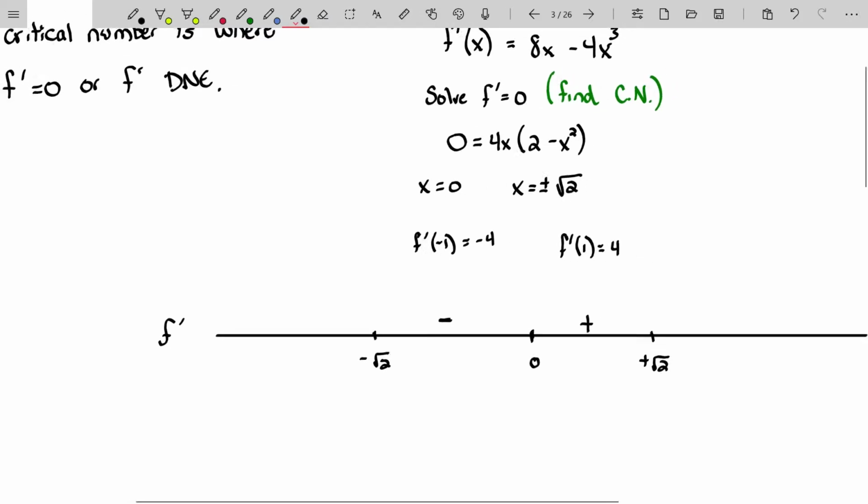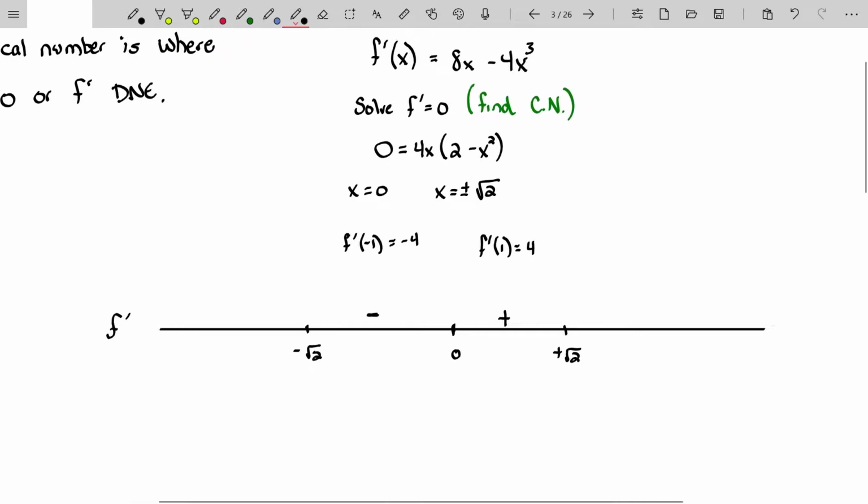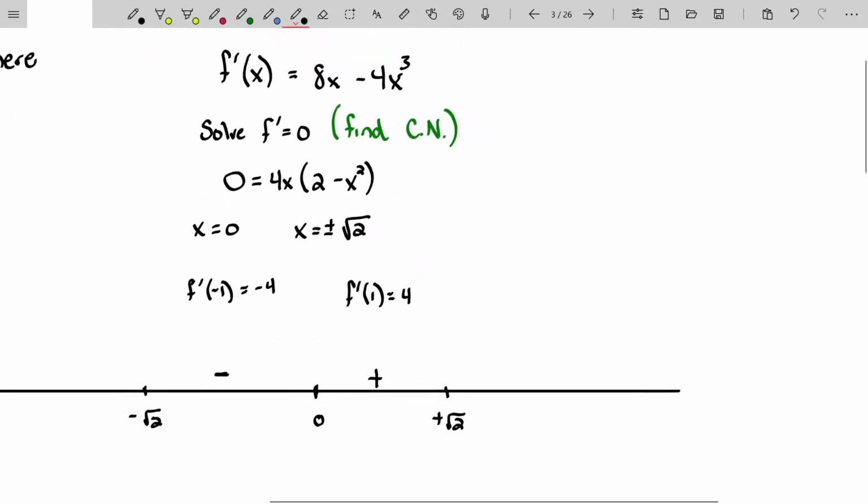Finally, I have these other two intervals. Now, a lot of people will say, okay, well, a number that's greater than square root of 2, and they'll try to think about square root of 2 and say, let's see, square root of 2 is probably 1 point something, right? Don't overthink it. Just grab a huge number greater than root 2. You can grab a number like 10, or as I do, I grab a number like 1 billion.